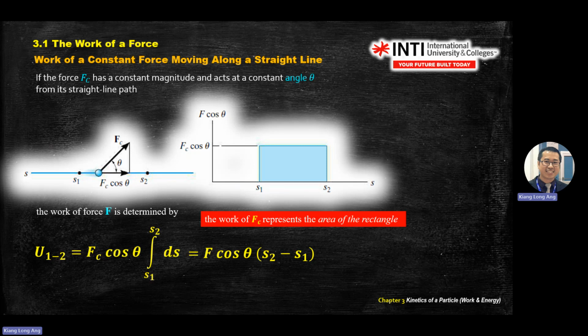Always split your force to go parallel with the surface, which means you split the force vector into y and x directions. The y direction, you just mark across because it does not generate work. Then you focus on the x direction, the force that goes parallel with the surface. That one gives you work.